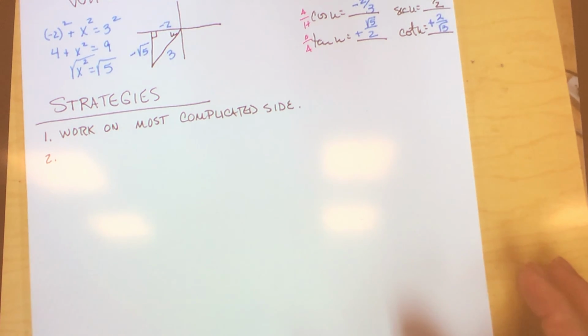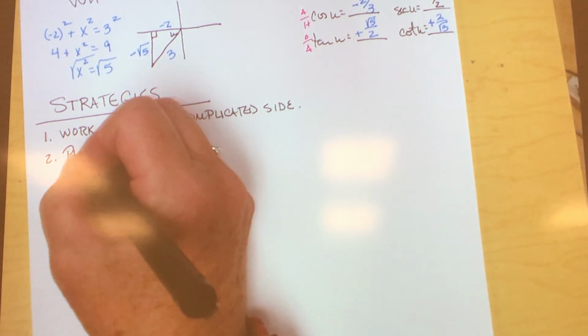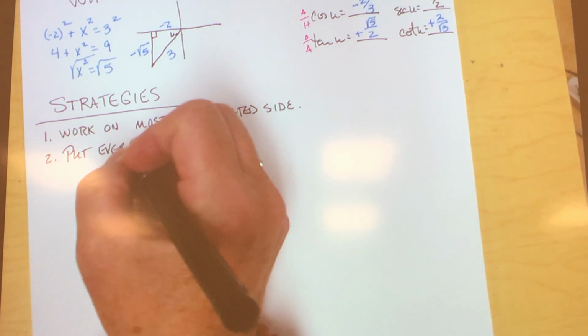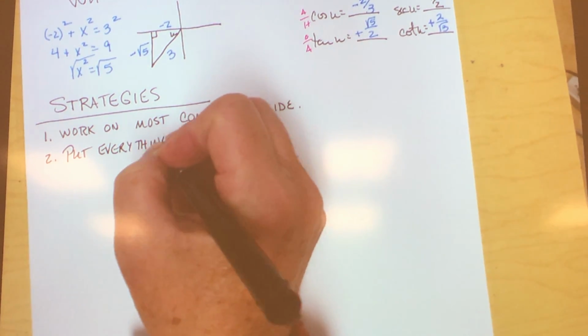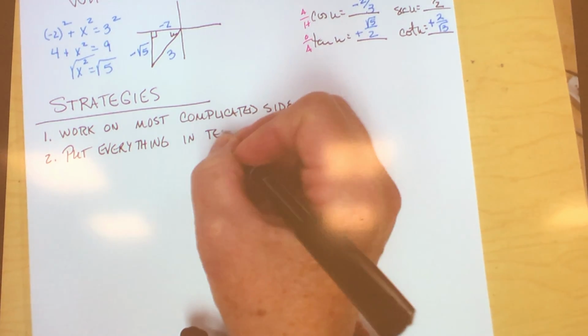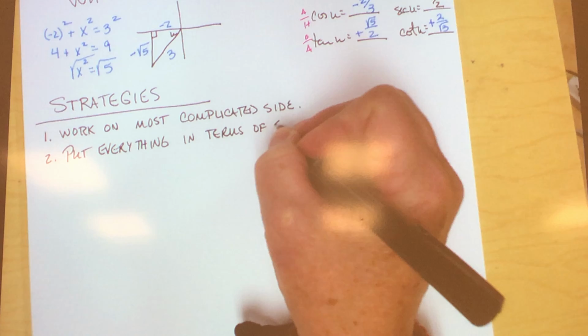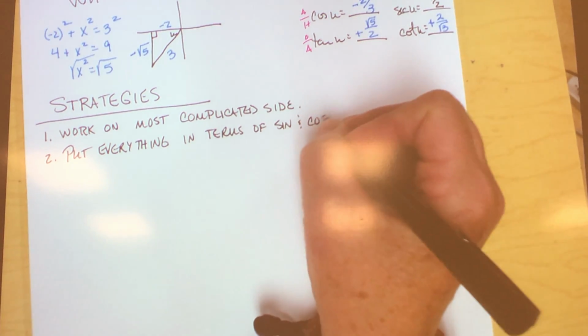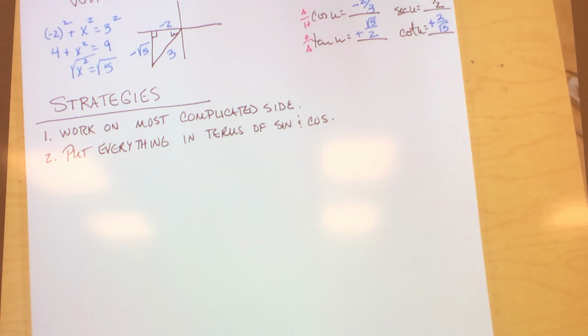But if I tried everything else and I can't get anything that works, then sometimes this is what we resort to. Okay? Put everything in terms of sine and cosine. For instance, if you had a cosecant, I could write it as 1 over sine. If you had a secant, I could write it as 1 over cosine. If you had a tangent, I could write it as sine over cosine. You see what I'm saying?